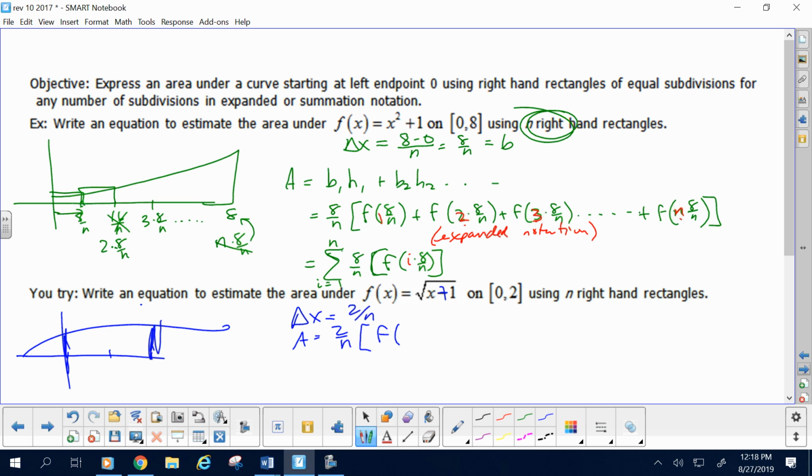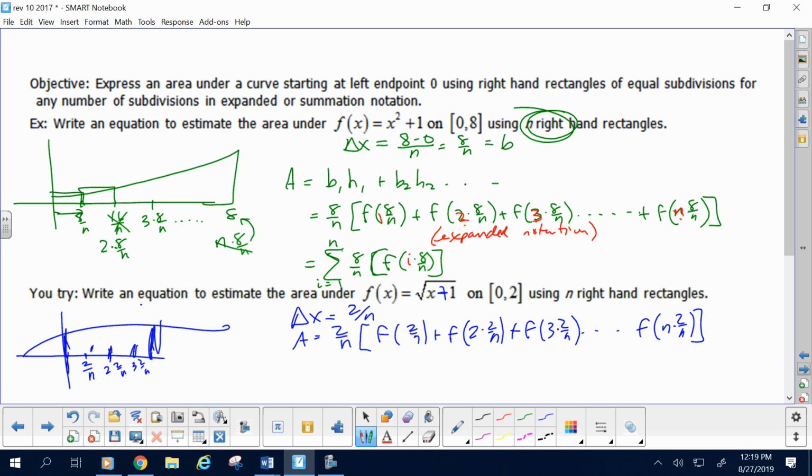Now, the first subdivision, or 1 delta x, is 2 over n, 2 delta x's is 2 over n's, 3 2 over n's, and so on. So rather than simplify, you don't want to say 4 over n and 6 over n. You want it to be an obvious counter in there, so it's easy to write the summation. So I prefer you have something like 2 over n, f of 2 over n's, f at 3 2 over n's, through f at n 2 over n's.